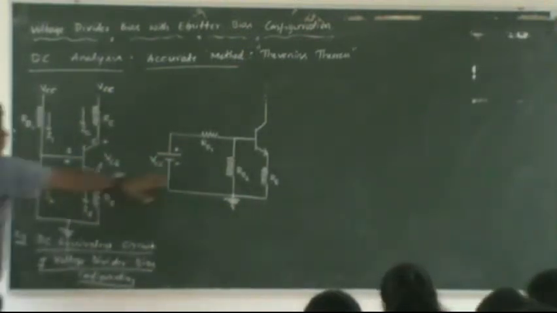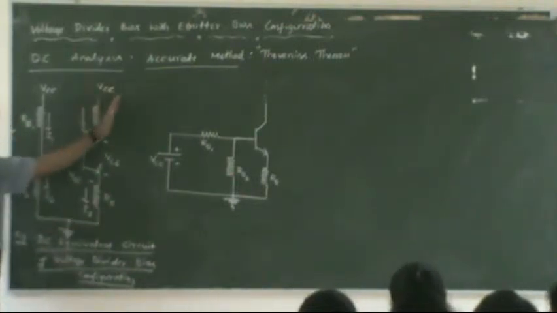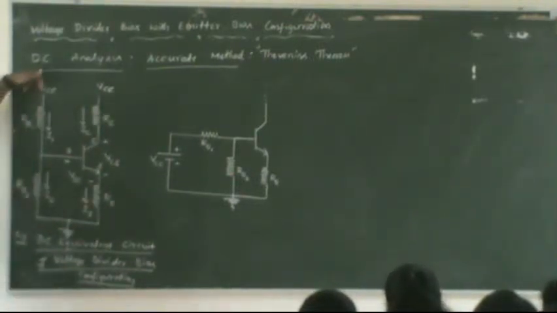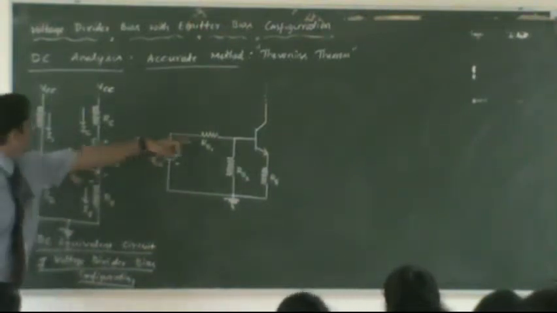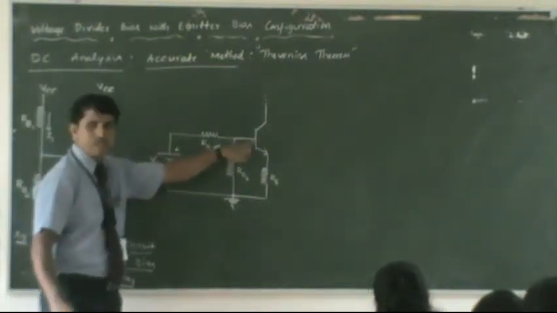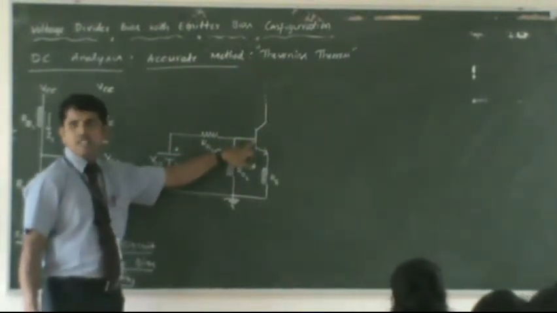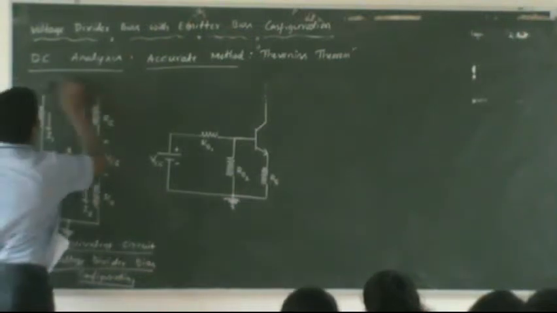The only thing is that in this circuit I have not written this portion completely. This VCC is added here, plus to the base of the transistor, plus to RB1, connected like this. Any changes? No changes from here. I will retain this original circuit as it is.